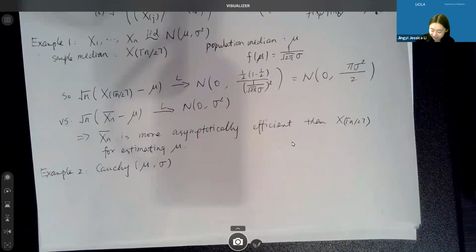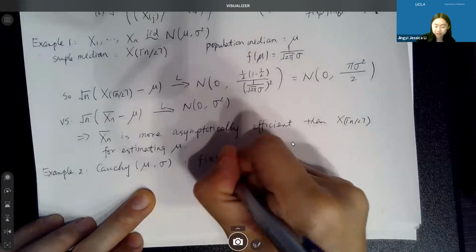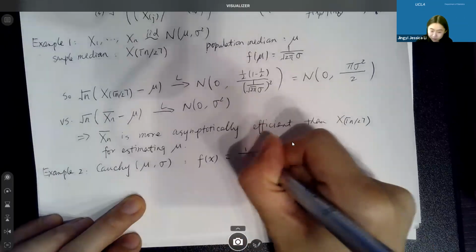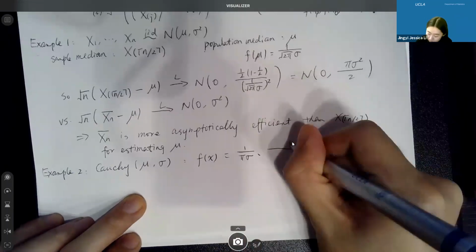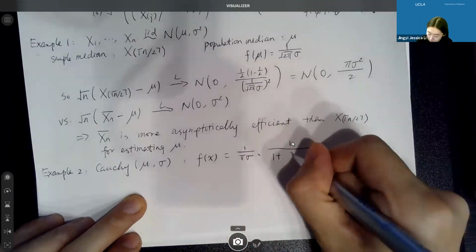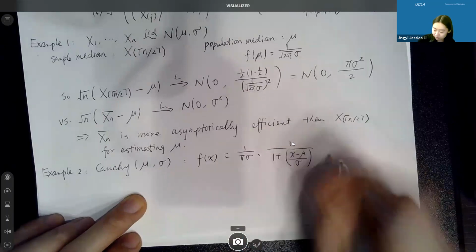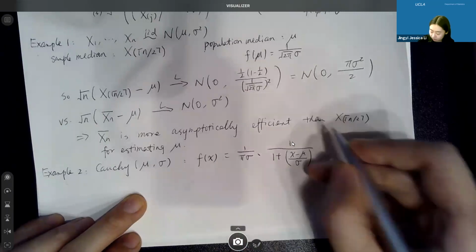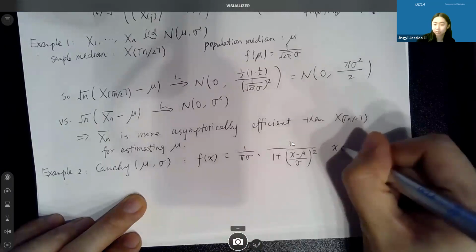So if you take the density function, let me just write it. For the density function of value x, it takes the form 1 over pi sigma times 1 over 1 plus this interesting term, (x minus mu over sigma) squared, just like subtracting the center and dividing by the scale. Okay, and here x can be any real value.